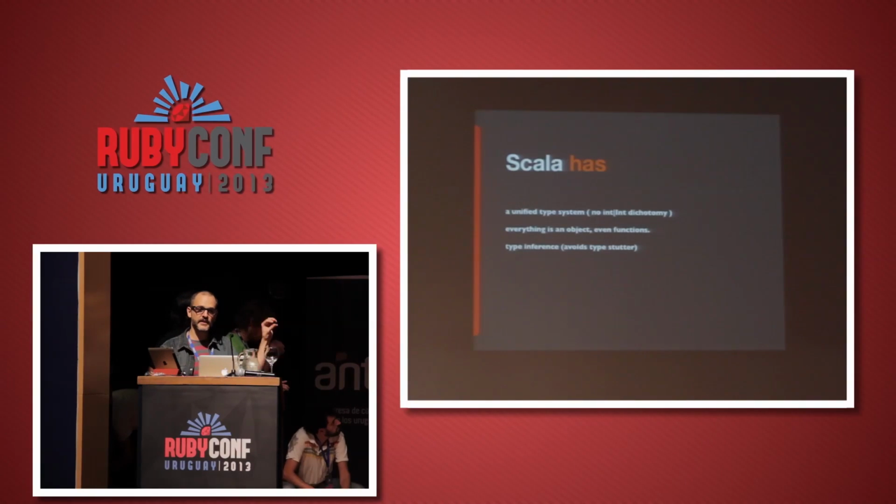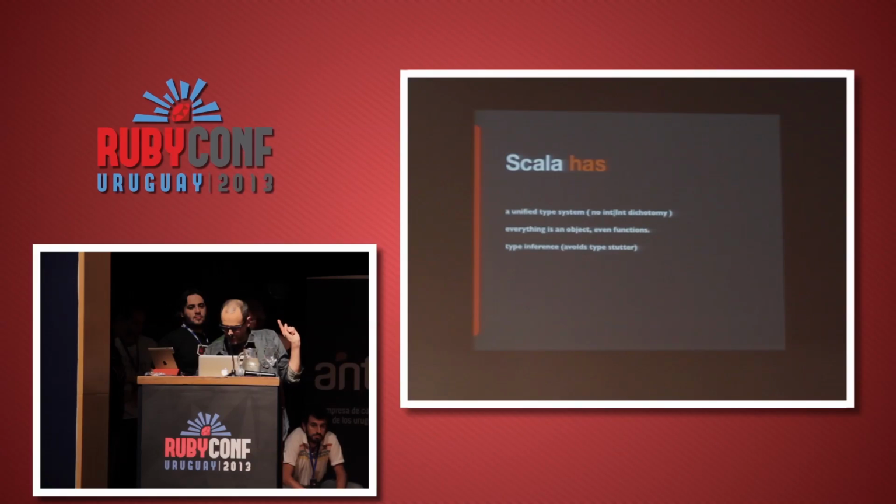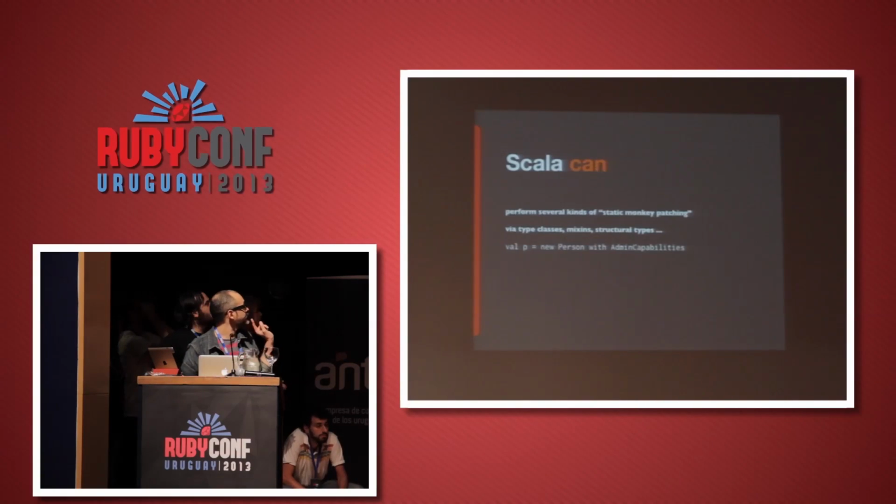Scala has a unified type system. It's not like Java with capital letters, and everything is an object, even functions, and we have type inference. It avoids type stutter.